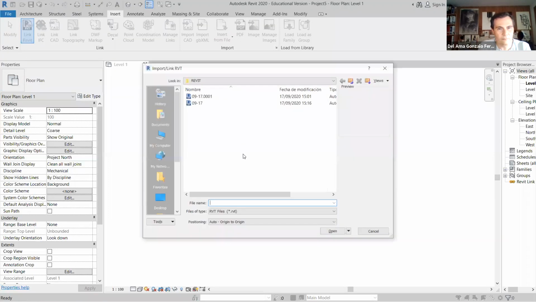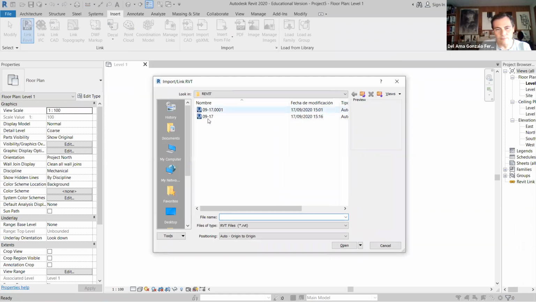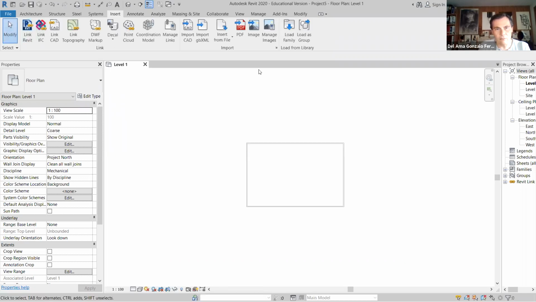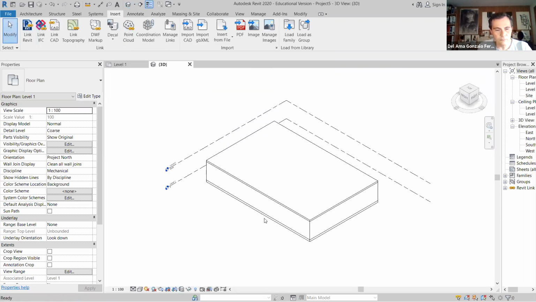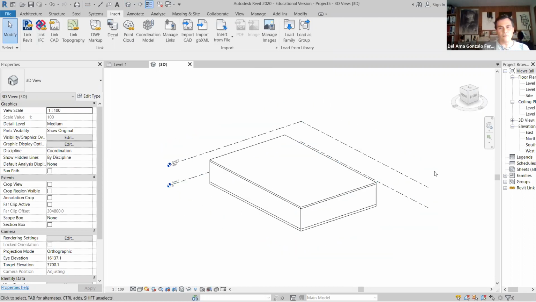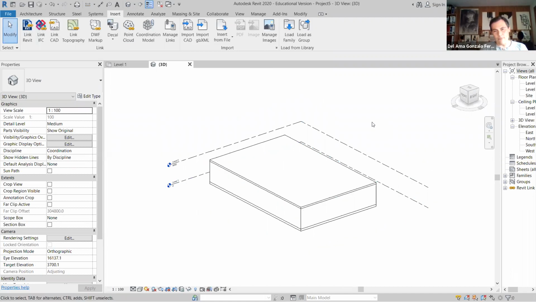I have already modeled an architectural template, so I'm going to insert this. You see, it's a masterpiece. But I have already done this using the architectural template of Revit, and now I have inserted this into another discipline.